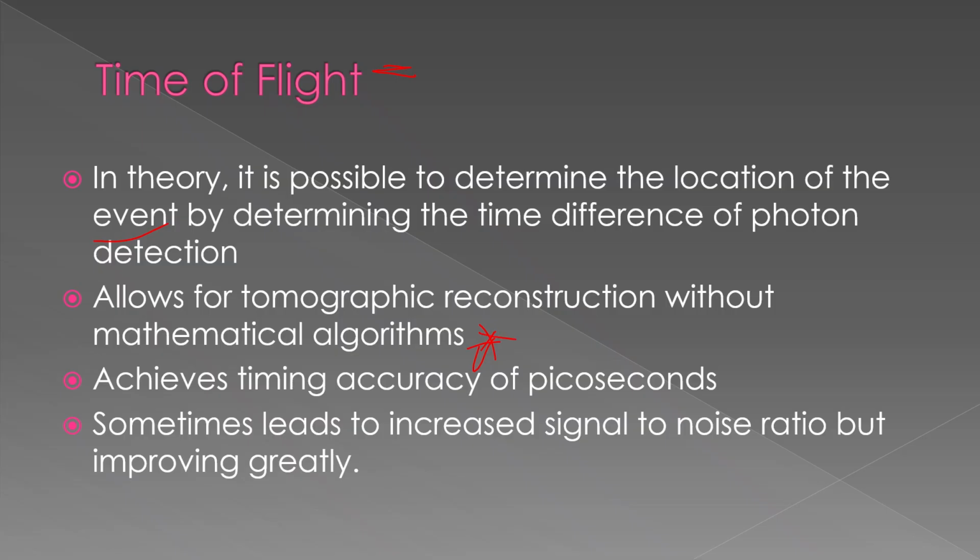This achieves timing accuracy of picoseconds. Think about how quick and how improved our technology has become, that we can chase single gamma photons within picoseconds of each other. That is extremely important, a huge improvement in PET.